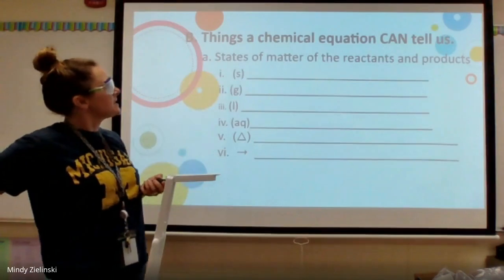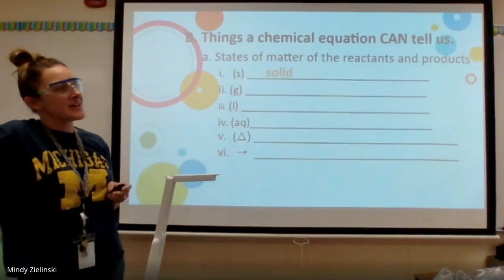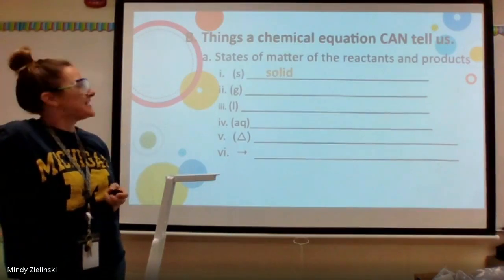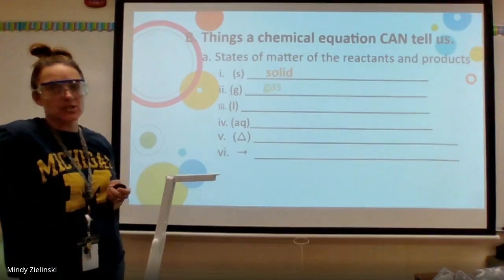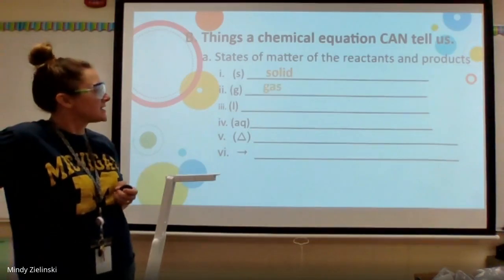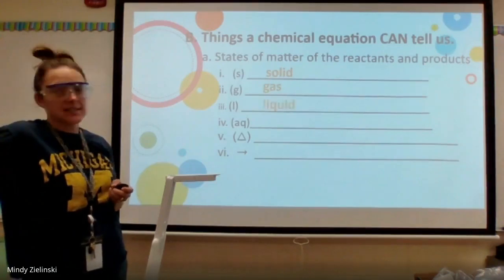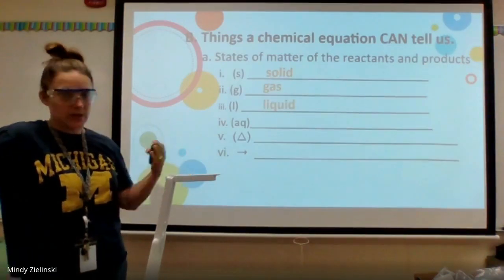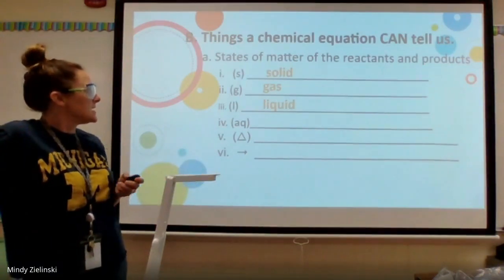So if we see a tiny little S written there, it's going to tell us that it's a solid at room temperature. If we see a tiny little G, so a subscript of G written there, it's going to tell us it's a gas. If we see an L, that'll tell us it's a liquid. So that reaction is in a liquid state, or that substance is.